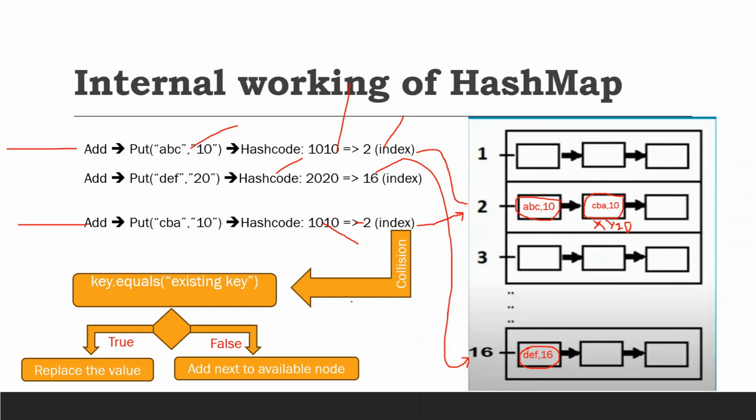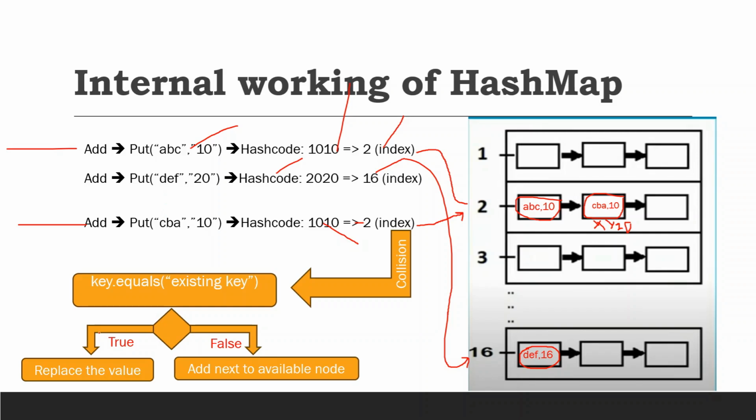In case of hash collision, if the data comparison gives false, it is stored next to the available element. If it is true, that means it already exists: the hash code was the same, the index was the same, and the data is also the same, so we are storing the same value. Like a third time we try to store abc as a key and 10 as a value.